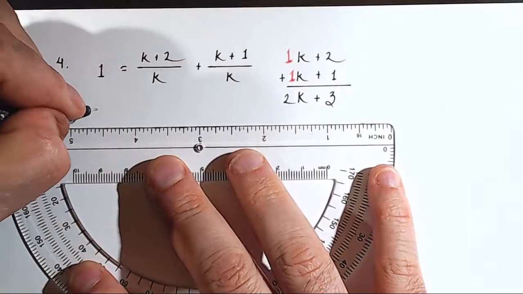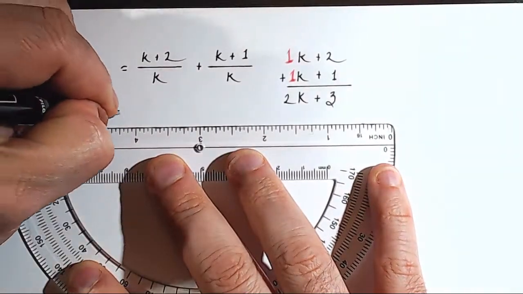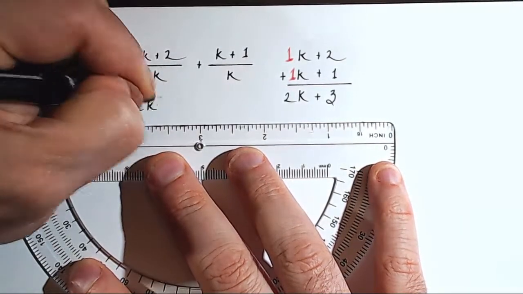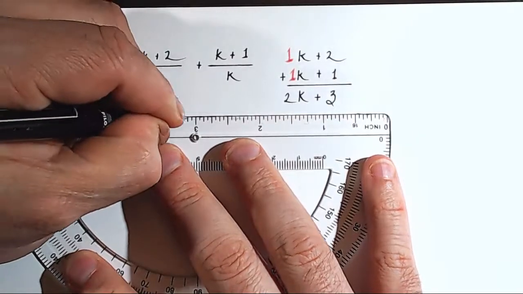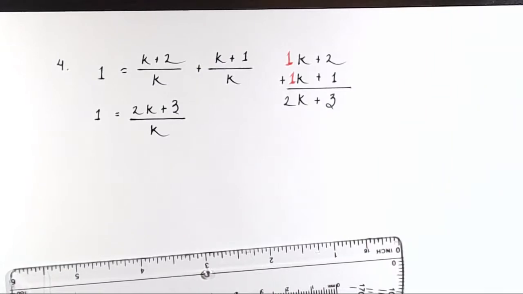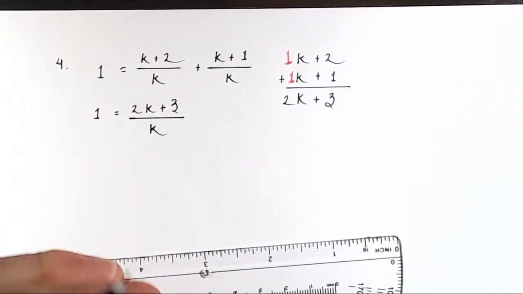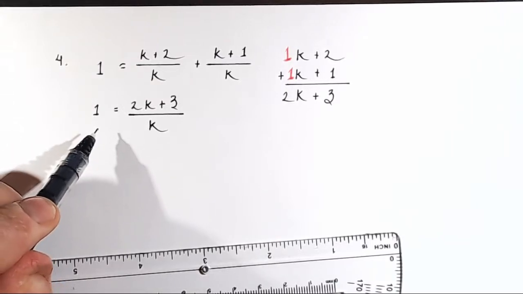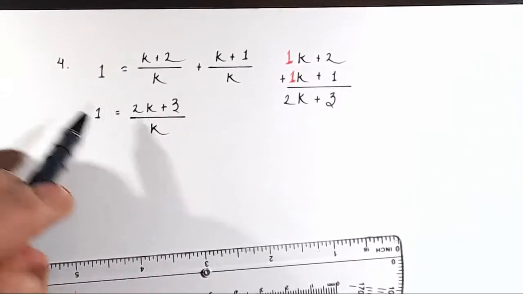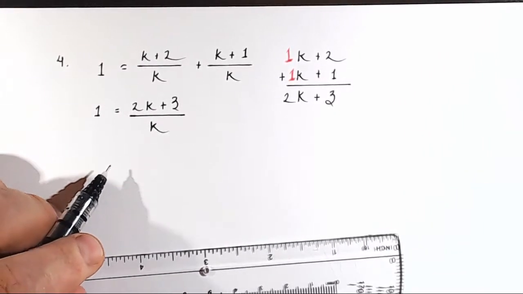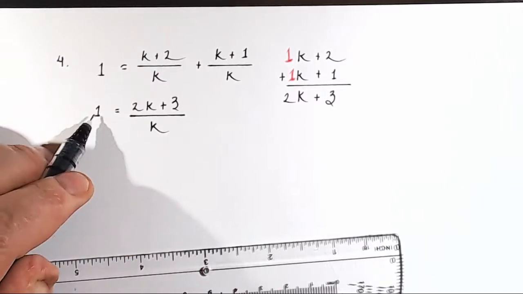Let me rewrite this now. I've got 1 set equal to 2k plus 3 over k. And the question is, now what? Well, there's multiple ways to approach this right now. You could turn 1 into a fraction, say 1 over 1, and you could do a butterfly method, or you could simply get a common denominator with k on this side of the equation.